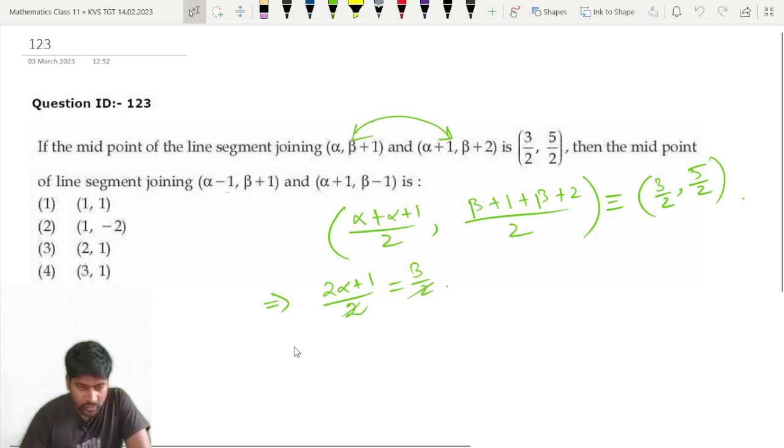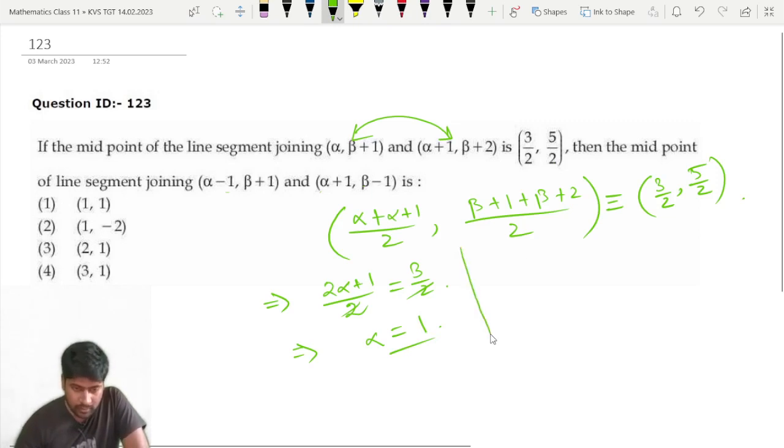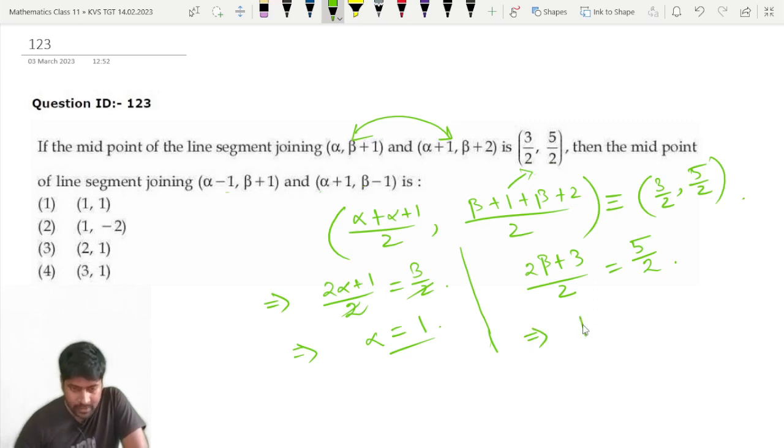So 2 will be cancelled, so we will get alpha is equal to 1. Okay, alpha is equal to 1. Again, what other condition do we have? 2 beta plus 3 by 2 is equal to 5 by 2. We are comparing the abscissa and ordinate. So we will get beta is equal to 5 minus 3, that means 2, and again 2 will be cancelled, beta is equal to 1. So alpha is equal to 1, beta is equal to 1.